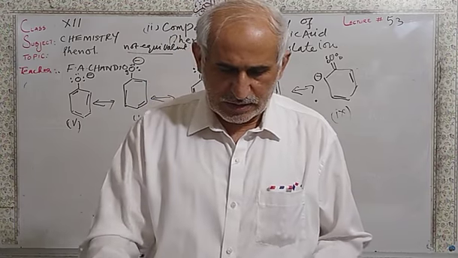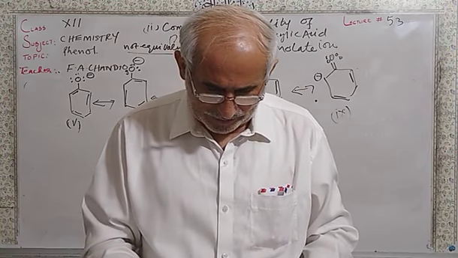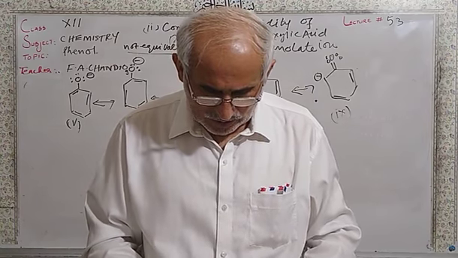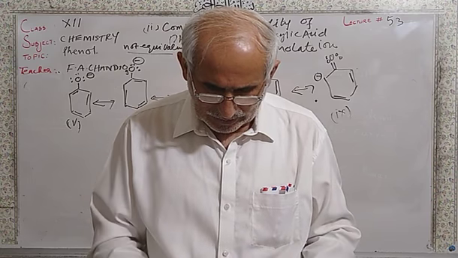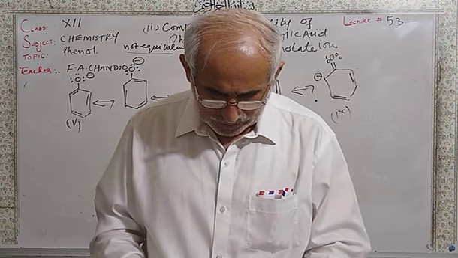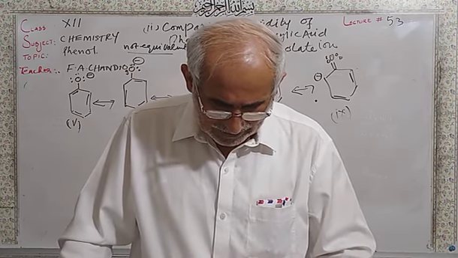So dear students, this is the resonance structure and stability of carboxylic acid and the acidity of carboxylic acid as well as phenol. So reactivity we have done, oxidation, nomenclature, comparing acidity of phenol and carboxylic acid.